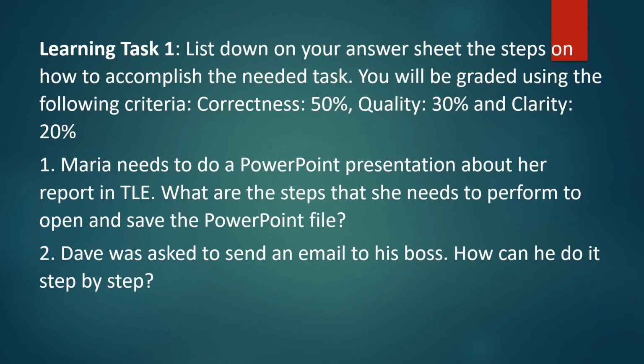Maria needs to do a PowerPoint presentation about her report in TLE. What are the steps that she needs to perform to open and save a PowerPoint file? And number 2, Dave was asked to send an email to his boss. How can he do it step by step? I will give you time to submit this on your Google Classroom.